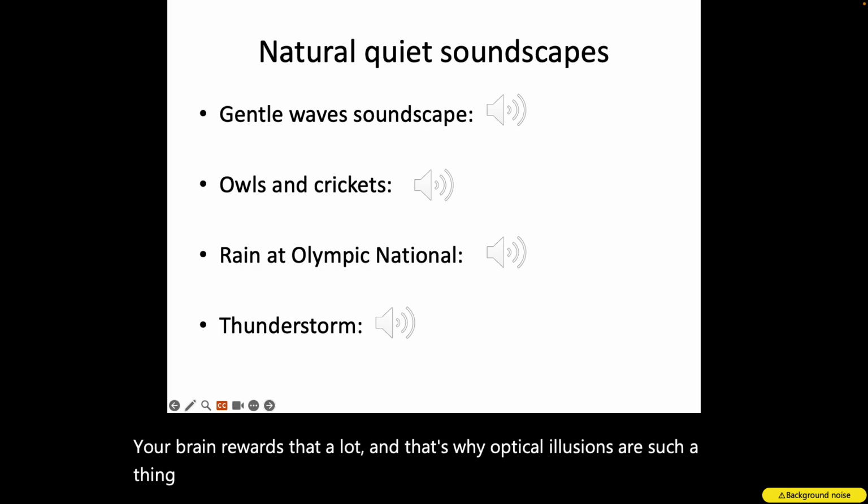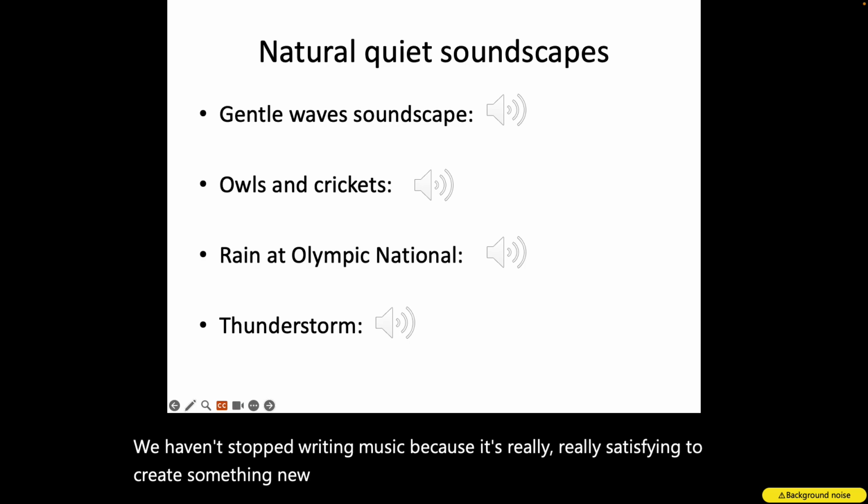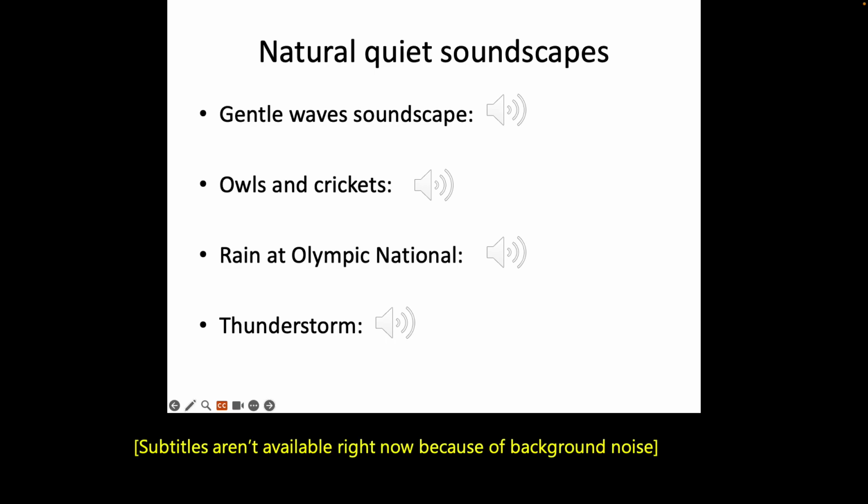That's why we haven't stopped writing music, because it's really, really satisfying to create something new, but it's not a totally random assortment of tones and sounds and things that don't recognizably fall into a rhythm. Just like we call that cacophony or pandemonium, right?